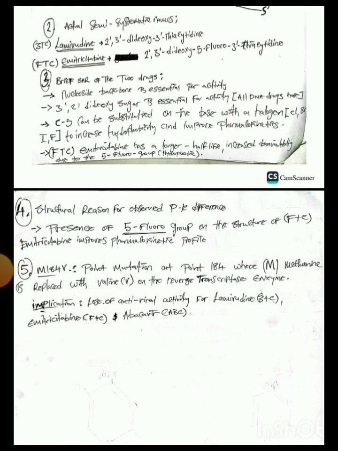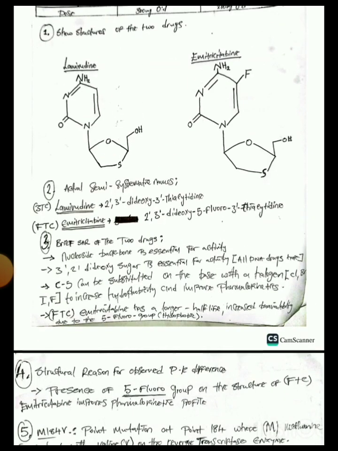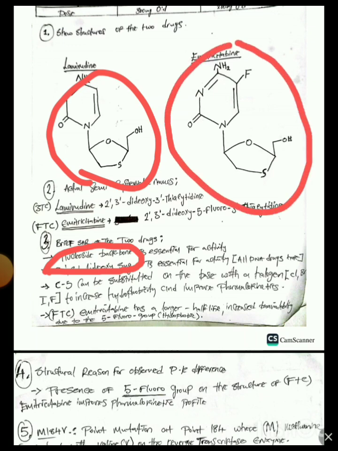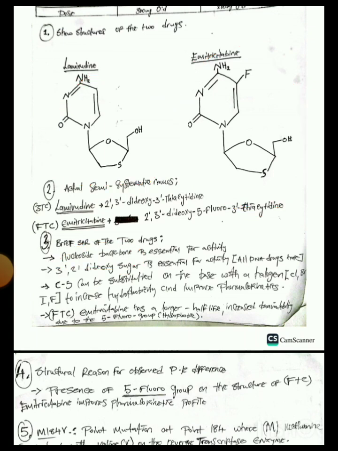So the nucleoside backbone, this component here, is the combination of the sugar and the base, of which lamivudine has that component, and even emtricitabine has that component. So the combination of a nitrogenous base and the sugar, that is our nucleoside backbone. 3', 2' dideoxy sugar is essential for activity.